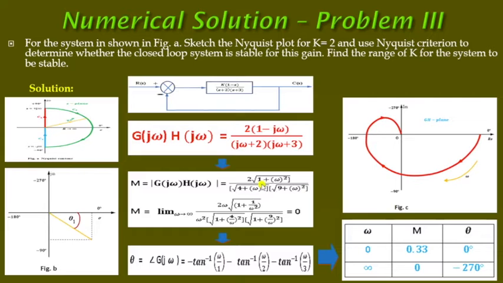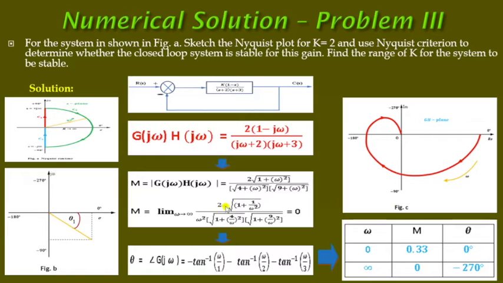Then put omega equal to 0. Then find the magnitude. This magnitude is 0.33. And the finishing point is omega equal to infinity. If we put omega equal to infinity, then infinity divided by infinity is undefined.